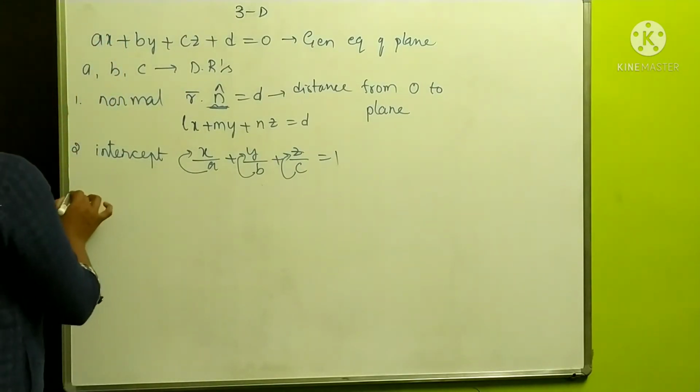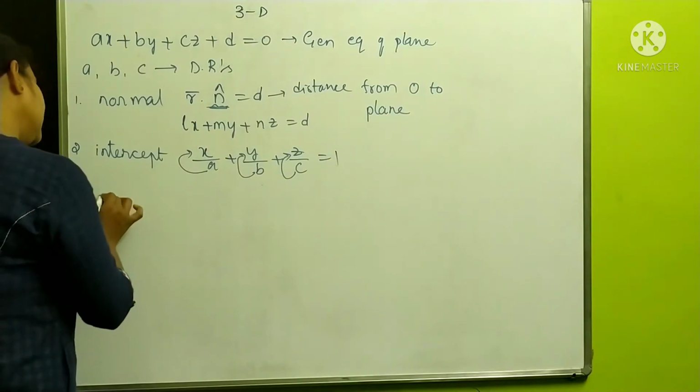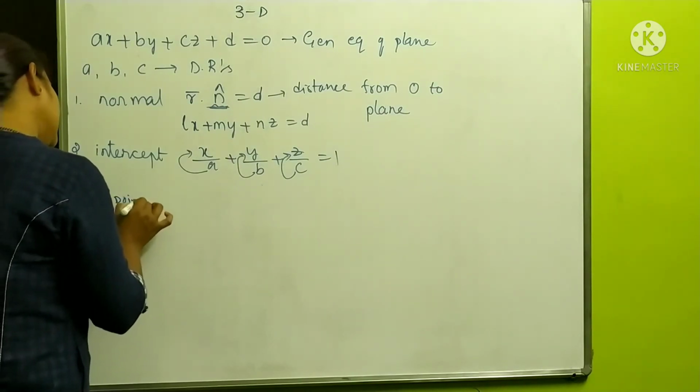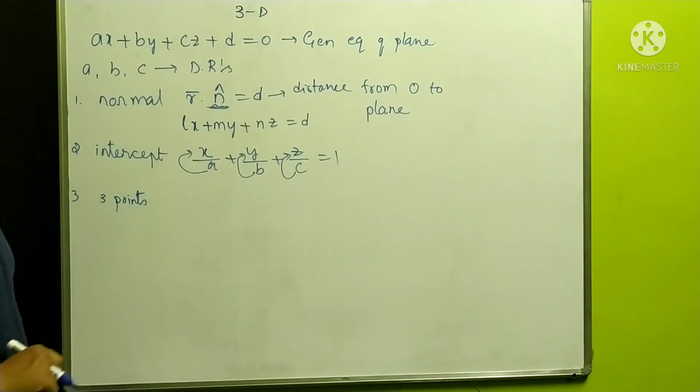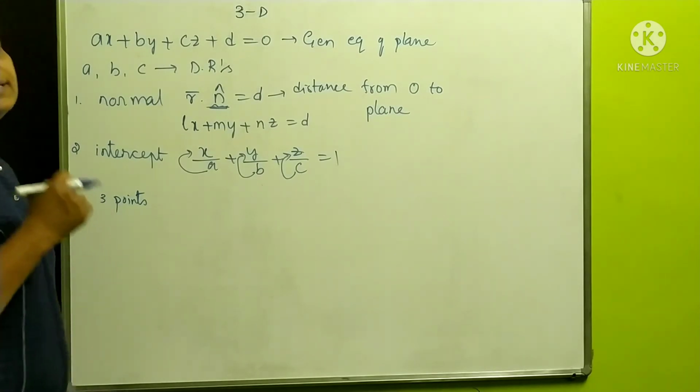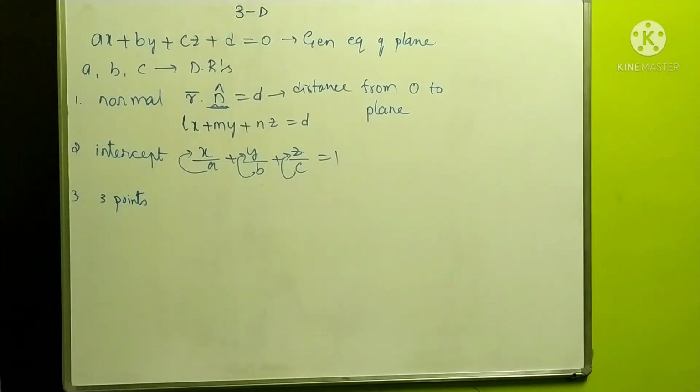Okay. Now, equation of plane passing through 3 points. Let me consider x1, y1, z1, x2, y2, z2, x3, y3, z3 are 3 points which pass through the plane.